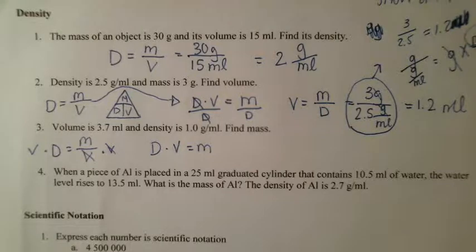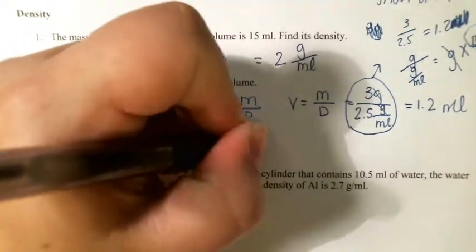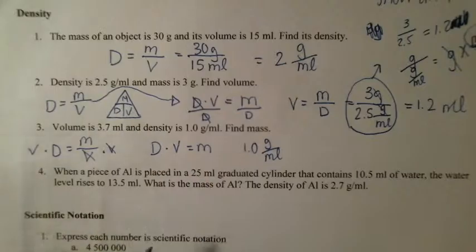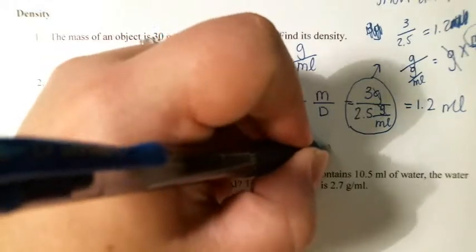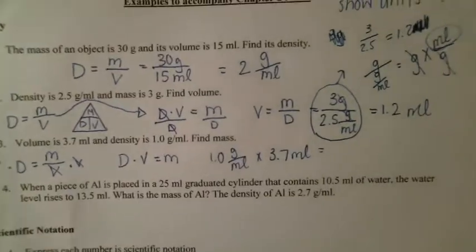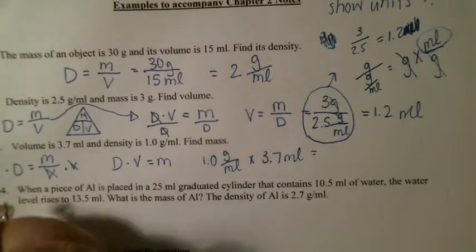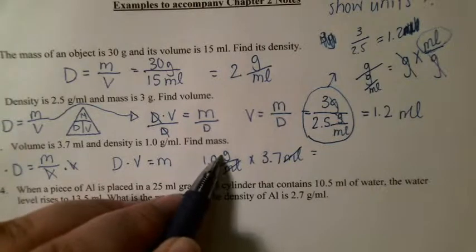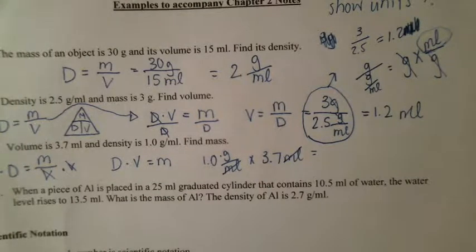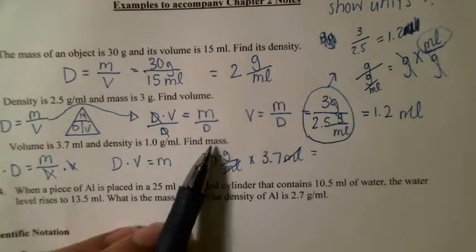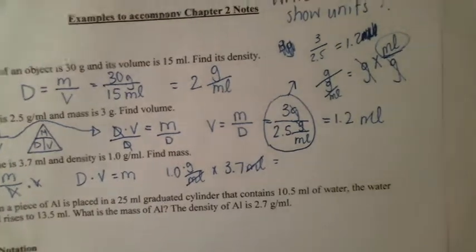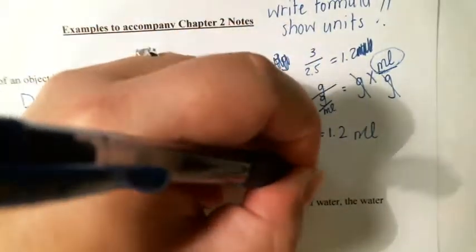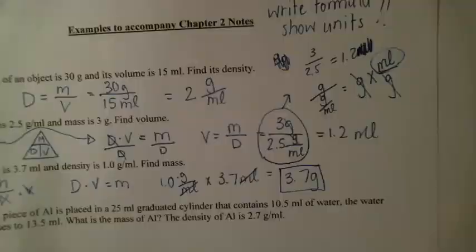Let's go ahead and plug in the numbers. Density is 1 gram per milliliter. Volume is 3.7 milliliters. And that will equal 3.7 grams. Do you guys see that the milliliters cancel? And you're left with grams. So that's how we determine what our units are. And you guys should know that mass goes with grams. So our answer is 3.7 grams.